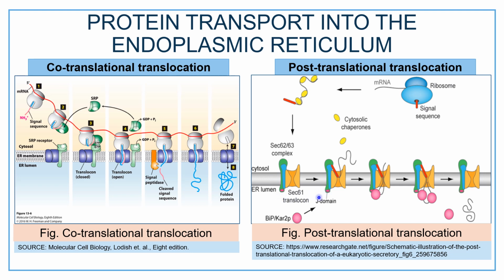The J domain of Sec63 recruits and activates the luminal BiP, which acts as a molecular ratchet and facilitates the translocation of the polypeptide chain. After cleavage of the signal sequence by a signal peptidase, the polypeptide chain is released into the ER lumen. In both co-translational and post-translational translocation, a signal peptidase cleaves the signal sequence soon after the N-terminus enters the lumen.